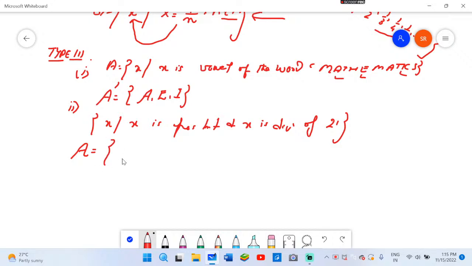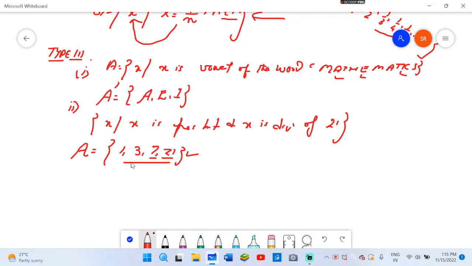The positive integers which are divisors of 21, which are factors of 21, are 1, 3, 7 and 21 itself. So this becomes the set.